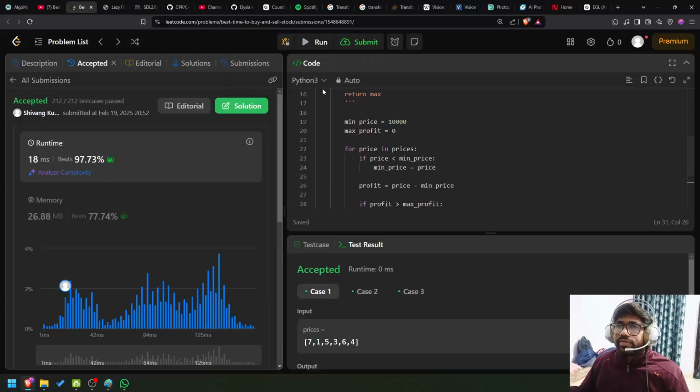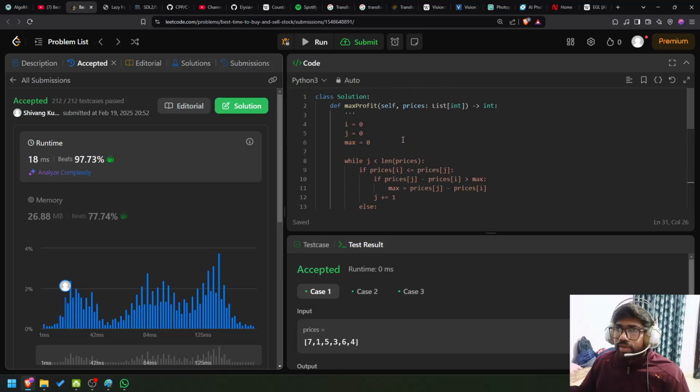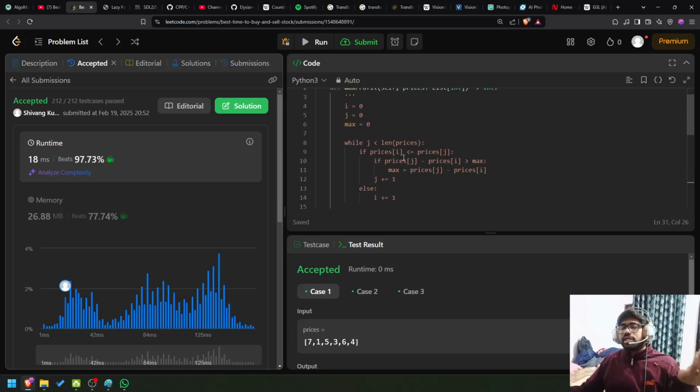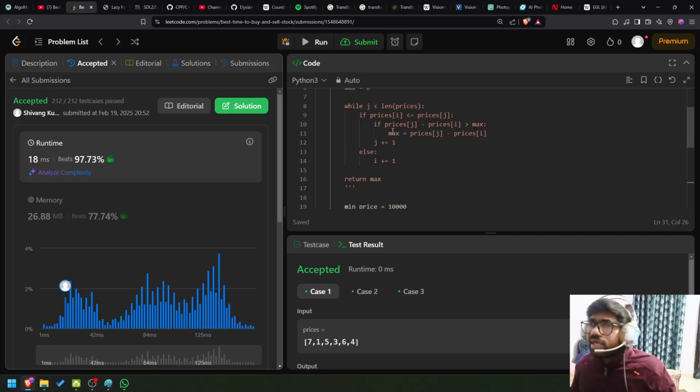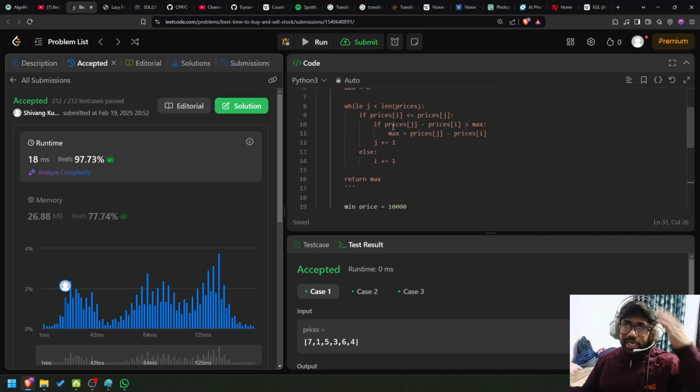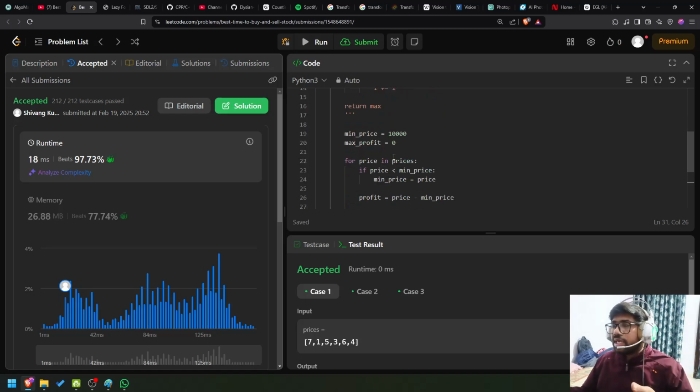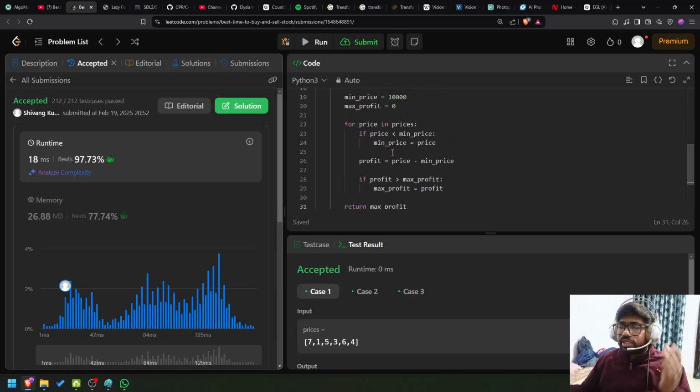Okay, my solution is exactly the same, but it just uses these variables. The idea behind it was the same. It is just the thought process of approaching a problem in a certain manner.